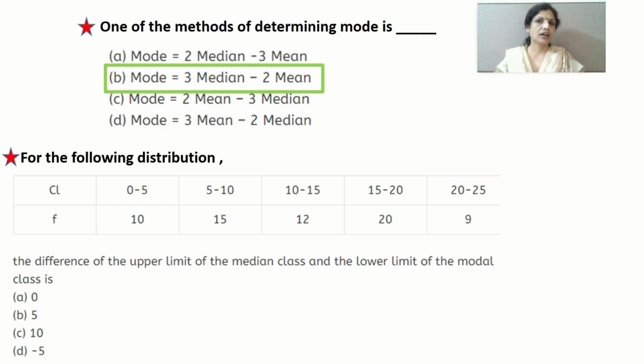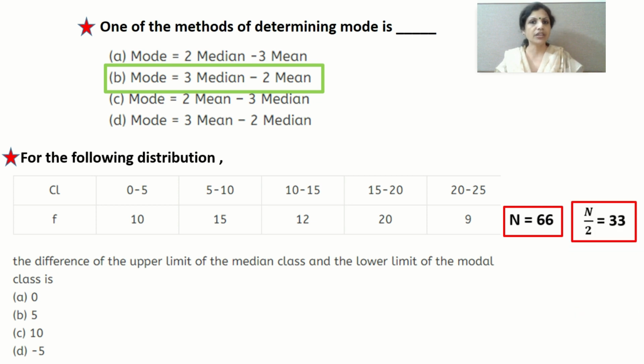For median class, we will need the sum of all the frequencies, summation of Fi, which we call capital N. So if you add all 10 plus 15 plus 12 plus 20 plus 9, you get N is equal to 66. We need to find out where N by 2 falls. N by 2 is 33.